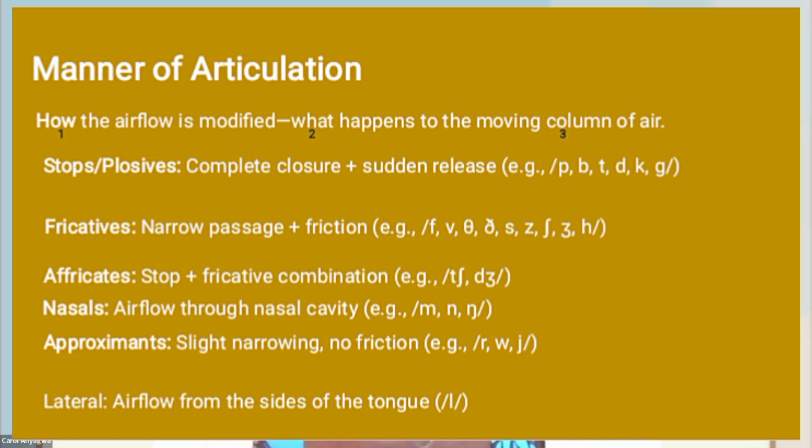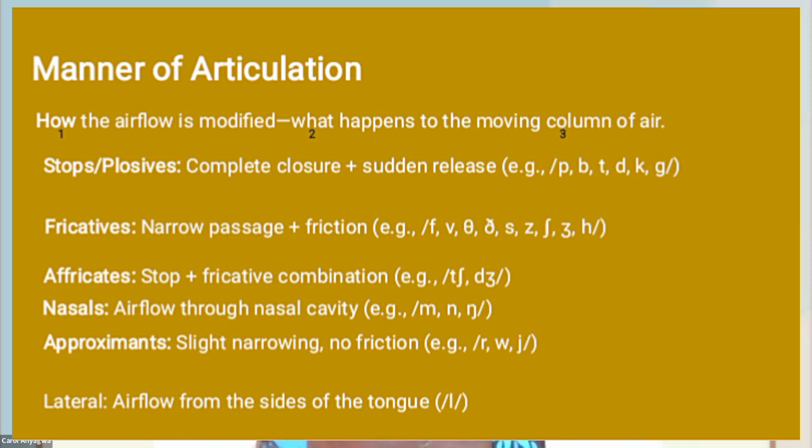The next class is the class of nasals, where we have airflow through the nasal cavity. And I have already explained that this is a function of the velum. At the point of producing nasals, the velum is lowered so that air can flow through the nasal cavity. And we have just three sounds in that category. Next, we have the class of approximants.